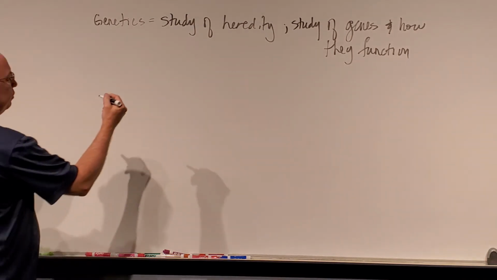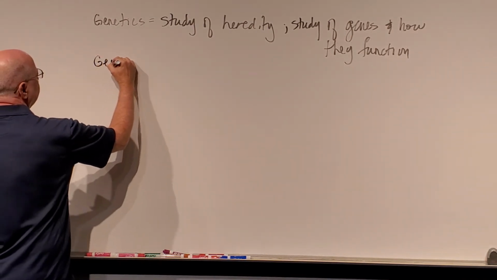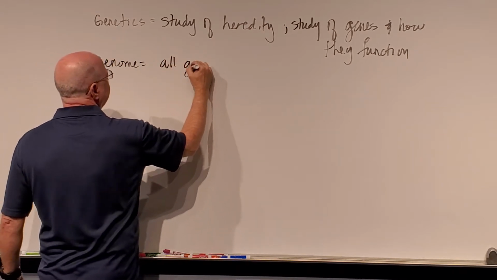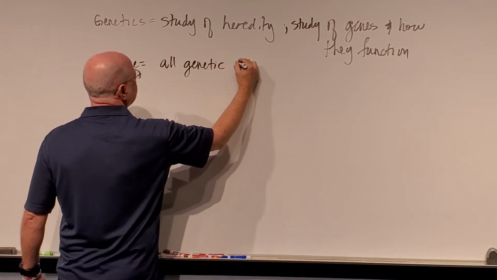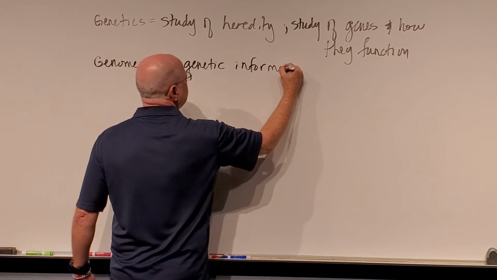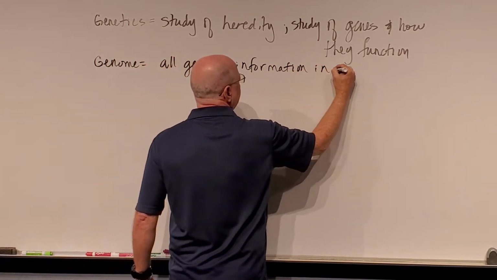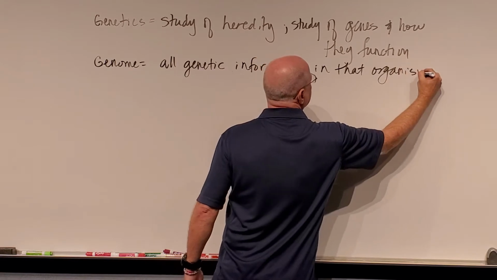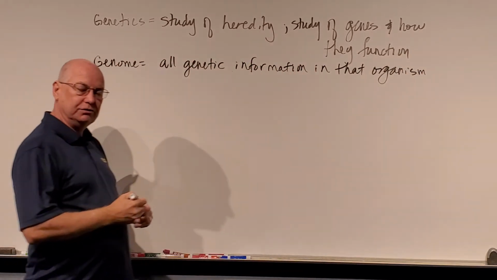Now the genome, when we talk about the genome of an organism, we're talking about all the genetic information in that organism. Or sometimes we say in that cell, because some organisms are single cell.